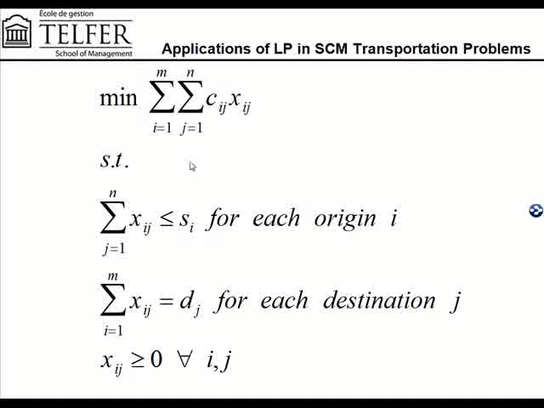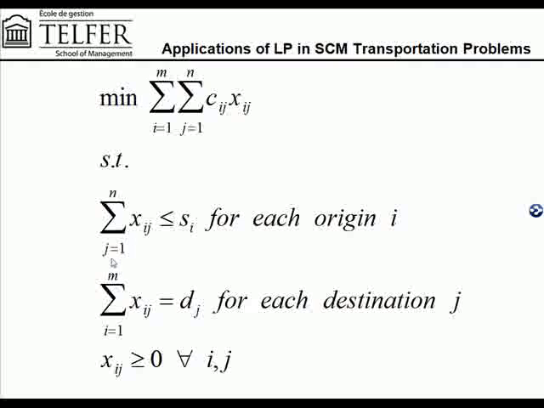Again, it might look more complicated than it really is, but if you've understood what we were doing in our heuristic examples, this is exactly how we calculated our total cost of transportation. In terms of the constraints, for each supply point or each origin I, everything that's coming out of I should be less than or equal to the total possible supply for that origin.